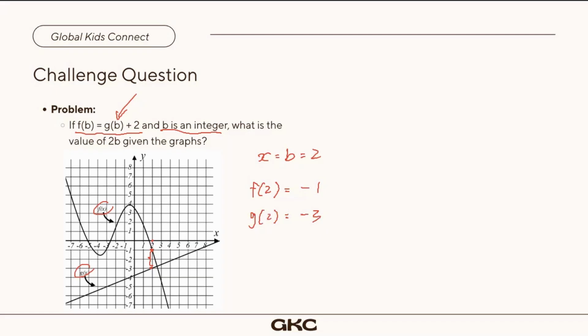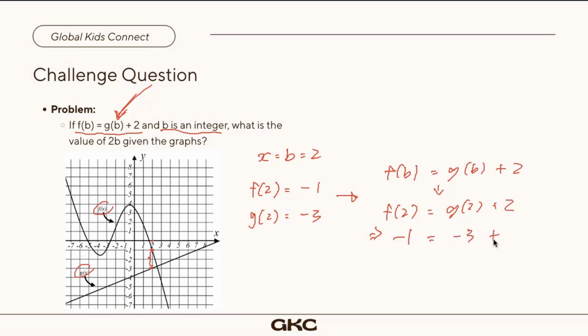And so this satisfies our first relationship, as in, f of b equals g of b plus 2 can be rewritten as f of 2 is equal to g of 2 plus 2. And we can plug in numerical values to prove this, because f of 2 was -1, g of 2 was -3, and if we add 2, then the right side also becomes -1.